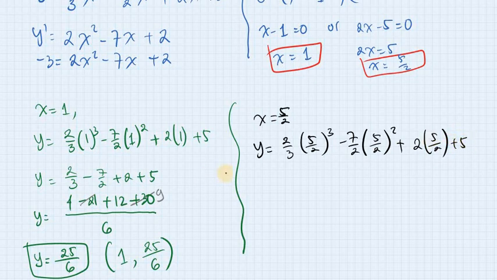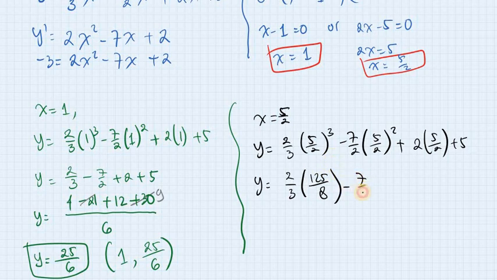So we will have y equals 2 over 3 times 5 to the power of 3 is 125 over 8. Oh, that will be a long calculation without a calculator. Okay, minus 7 over 2 times 25 over 4 plus, the 2s cancel each other, 5 plus 5.